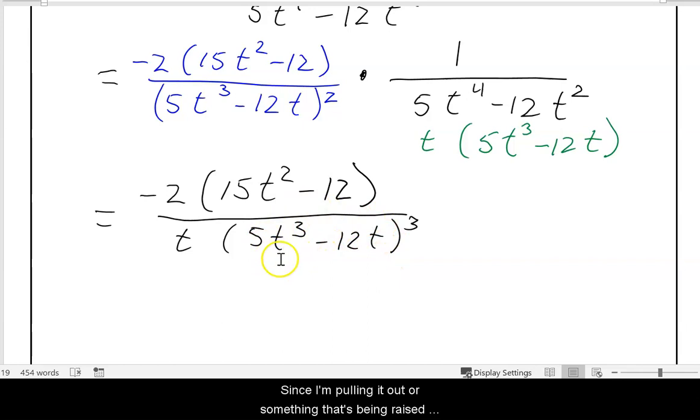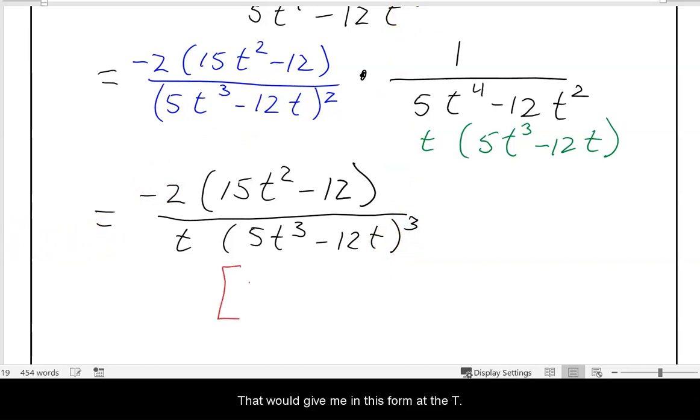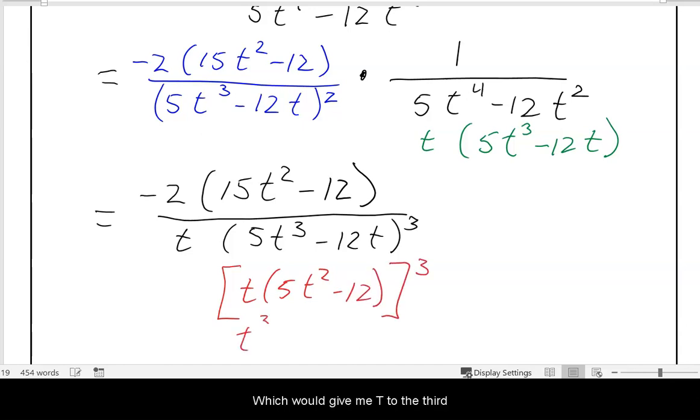Since I'm pulling it out of something that's being raised to the third power, it would again be raised to the third power. That would give me, in this format, the t times the following: 5t squared minus 12, all being raised to the third, which would give me t to the third times 5t squared minus 12 raised to the third.